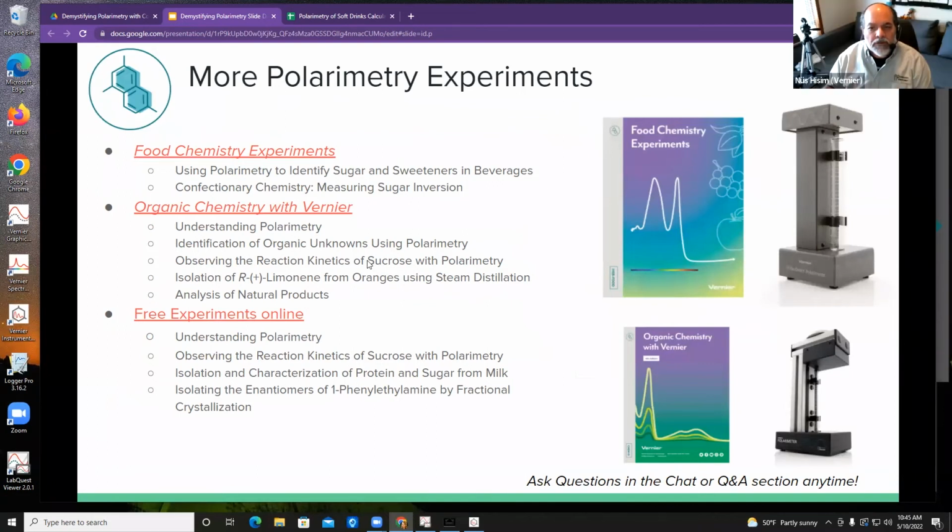The one in the organic chem book does not; it just has the acid catalyzed reaction, and it looks at it from a more organic slant. The one in the food chem book focuses more on the invertase enzyme. Okay.